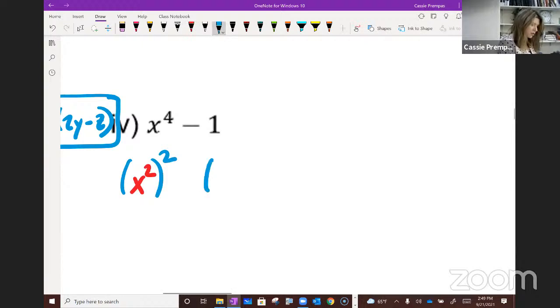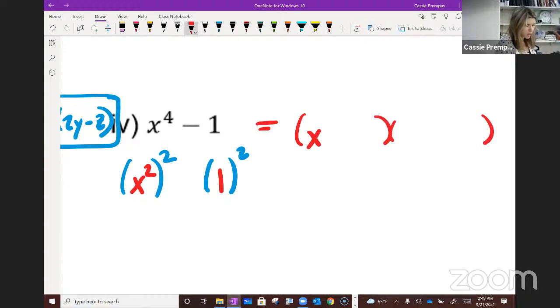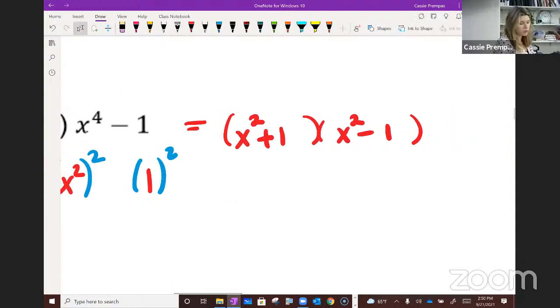And what value squared would give me 1? Nice. So a is being representative of x squared, b is 1, a plus b, a minus b, however you want to write it, would be x squared plus 1, x squared minus 1. Does it matter which order it goes in? Nope, you could do minus first, plus second.